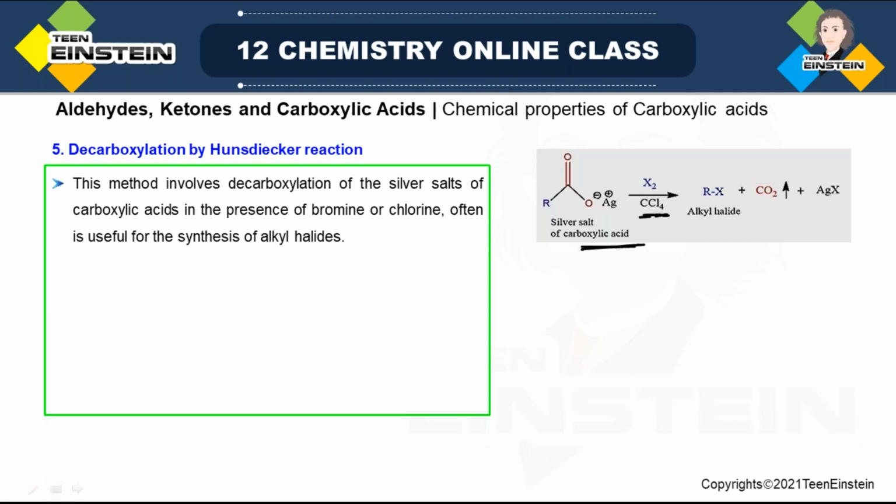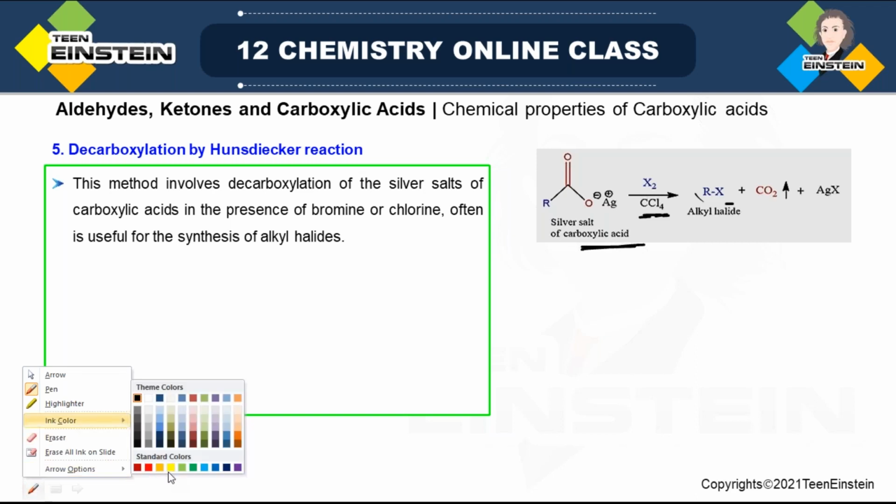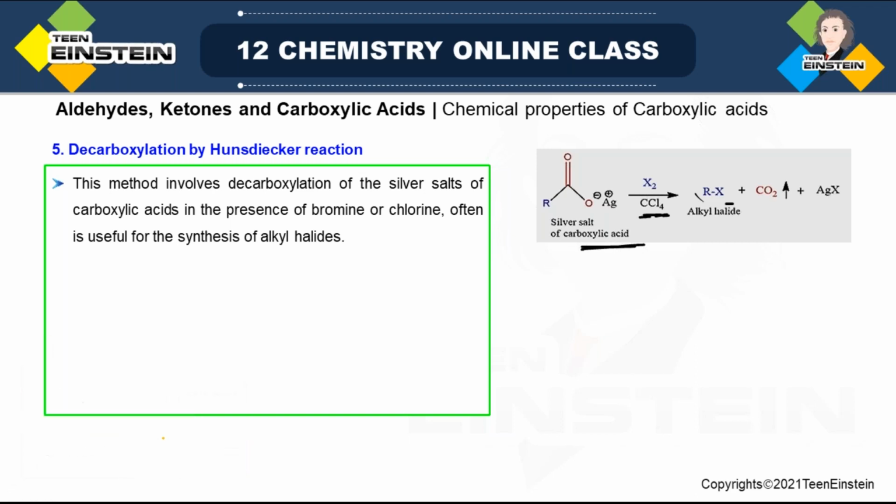So here alkyl halide is the final product. Then CO2 is liberated, and silver is converted to AgX. So when you are using X2, one X is attached with the alkyl group, which is the alkyl group present in this salt, and another X is now attached with Ag.